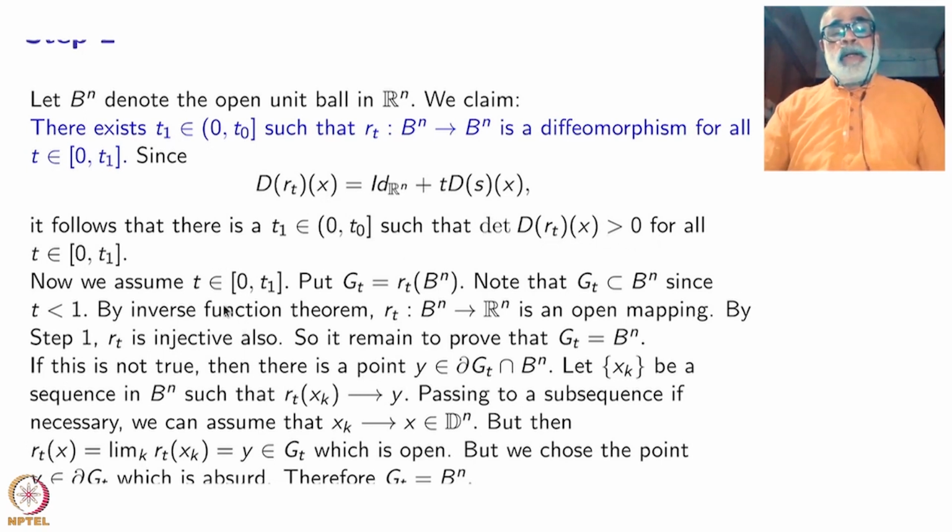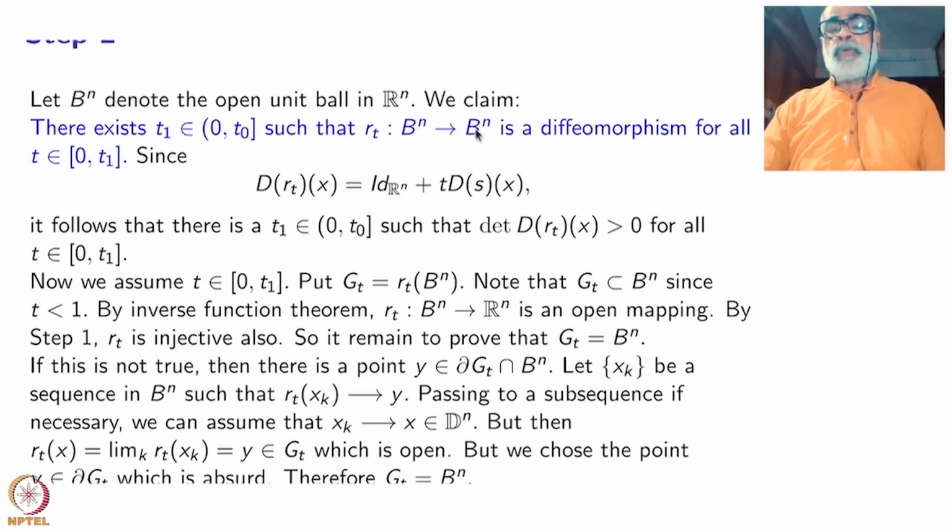Now assume that t belongs to (0, T1). Now T1 has been chosen in this way, so I say this is good enough. Then put Gt equal to Rt of Bn. Remember, Rt is just some map from Bn to Rn, but we want to say that the open ball goes inside the open ball.